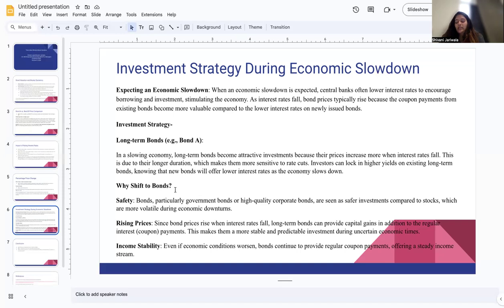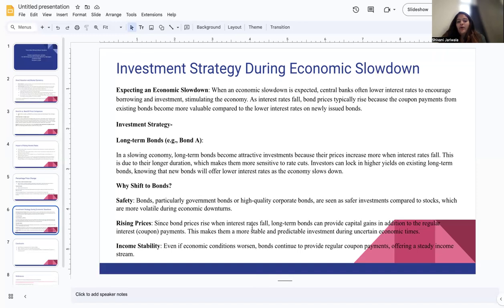But to be honest, after studying this, I believe that investing in bonds is a much safer option for me because it is offered by the government. Bonds, particularly government bonds and high quality corporate bonds, are seen as safer investments compared to stocks. Stocks have their own history of the market affecting them every day, so they are definitely more volatile.